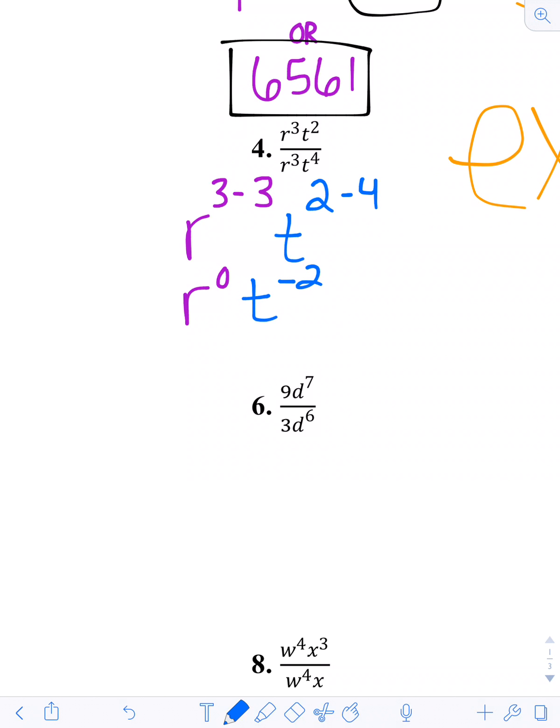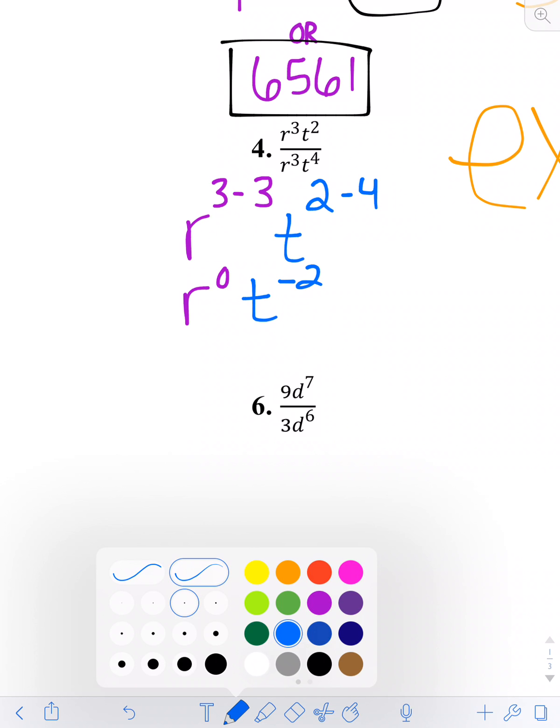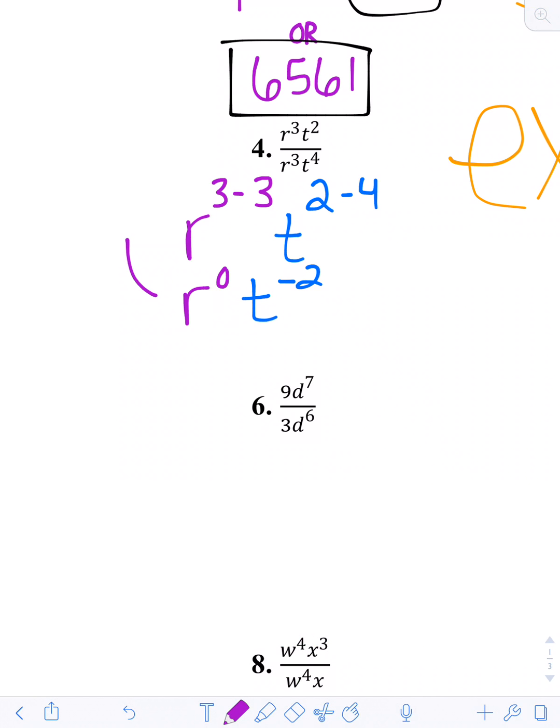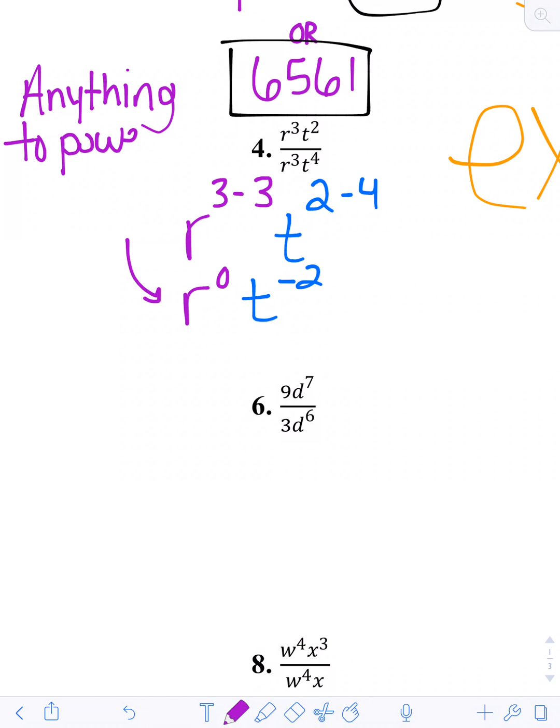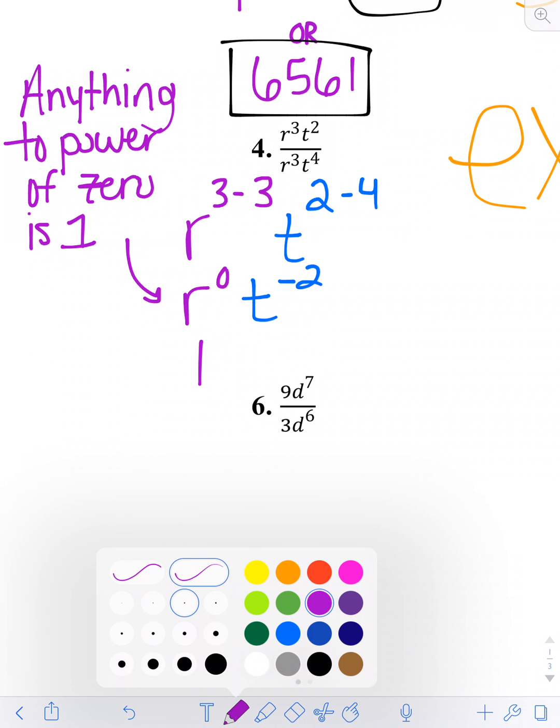We have 2 really important things here. Okay, first thing, anything to the 0 power is always 1. So this right here is 1.